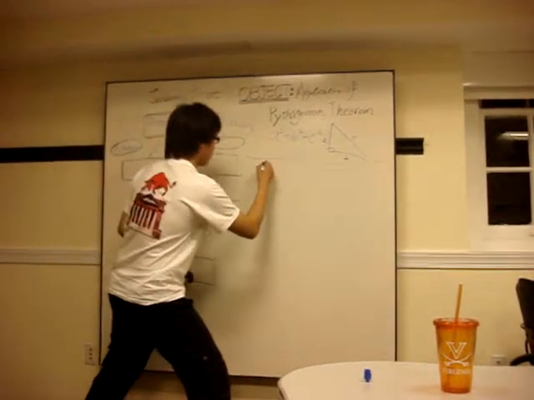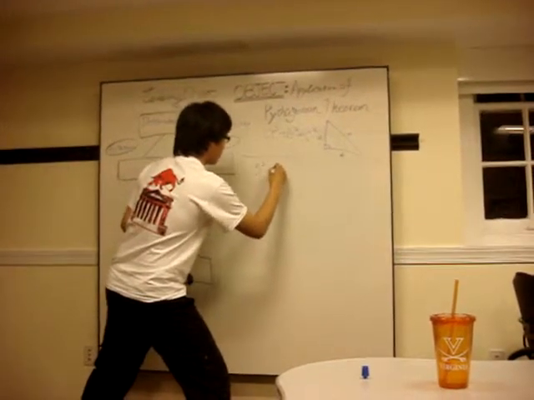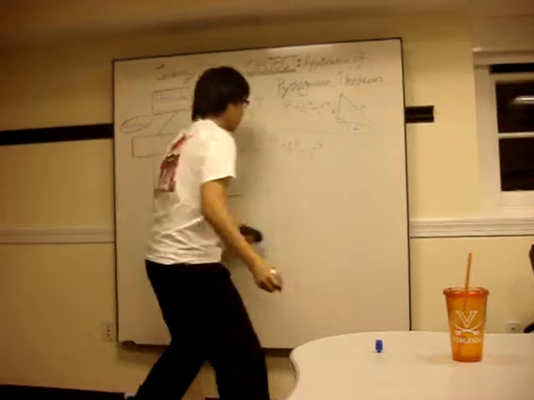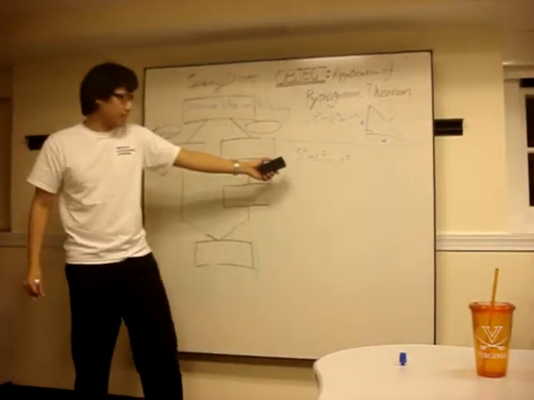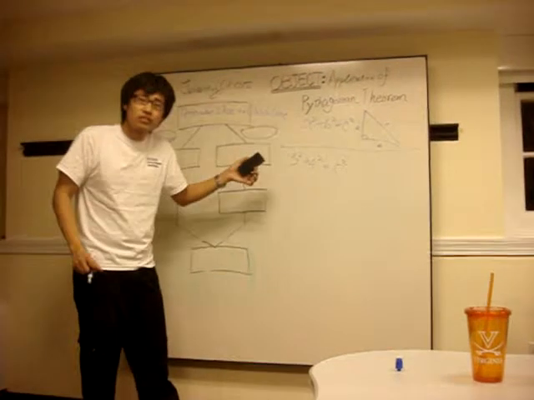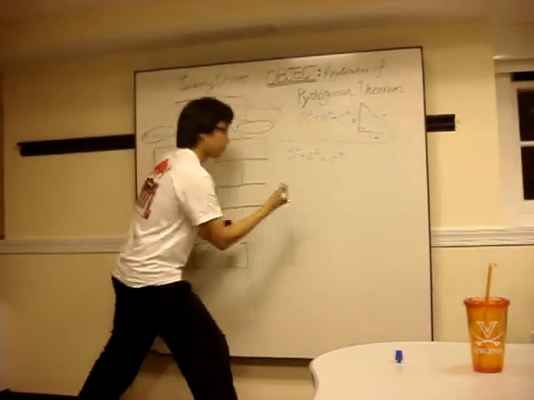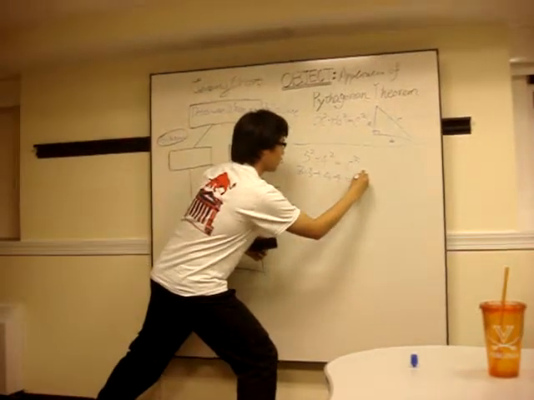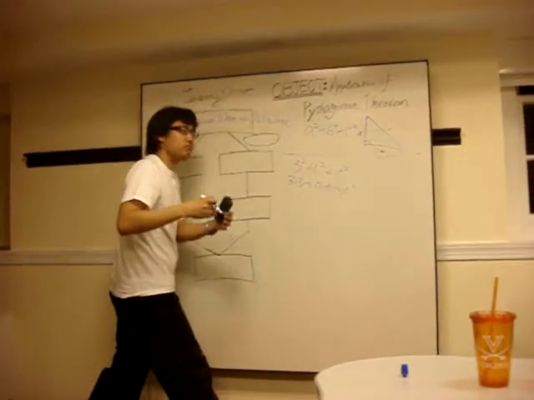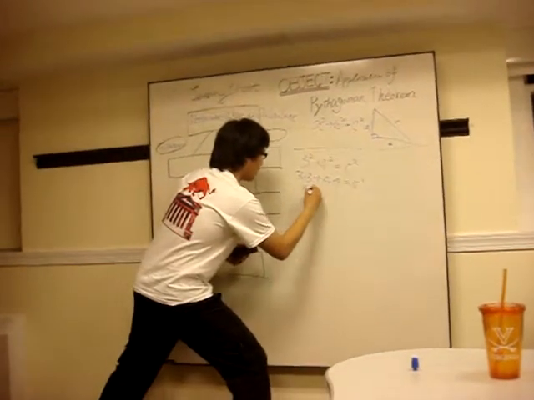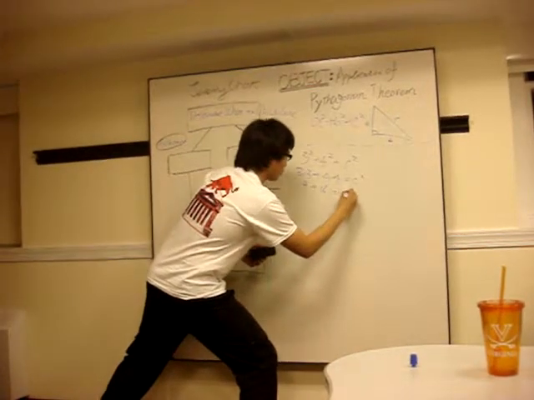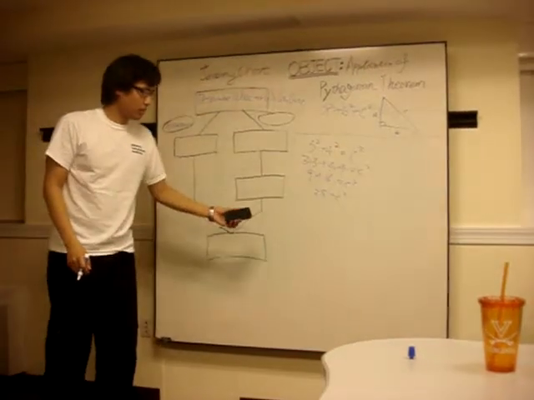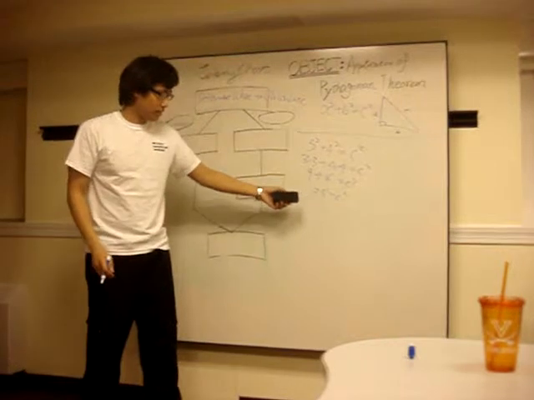We know A is 3, so 3 squared, and B is 4, plus 4 squared, equals, we don't know what C is, so leave it as C squared. Everybody cool with it? Then we can do some simple calculation. 3 squared is 3 times 3, 4 squared is 4 times 4, so 9 plus 16 equals C squared, and we get 25 equals C squared.